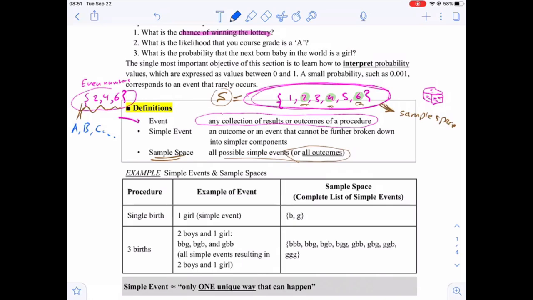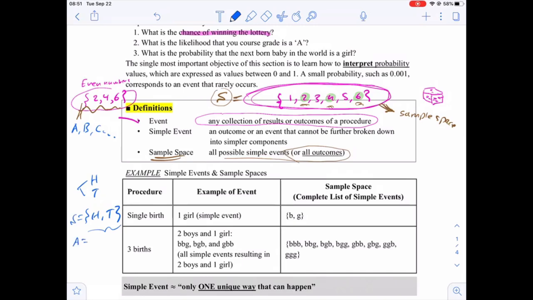For example, if you toss a coin, you may get either head or tail. So all possible outcomes are head and tail. This is the sample space.